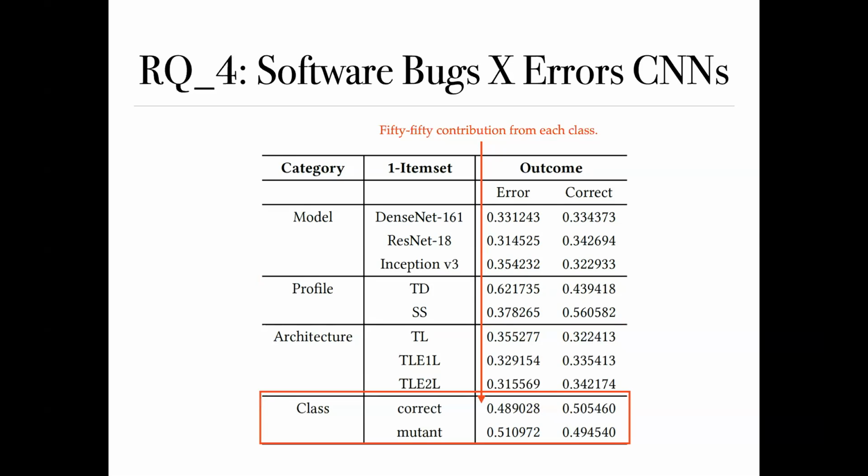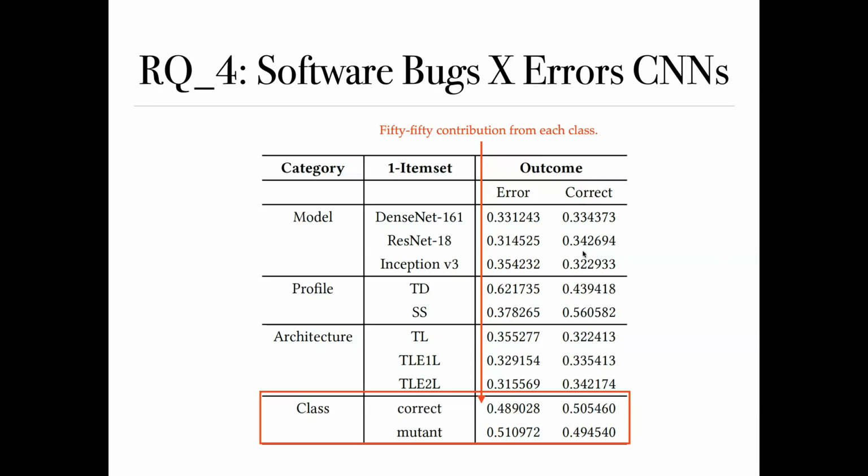Finally, to answer the last question, if the software bugs somehow influenced the CNN so that this can explain why they failed, we should see 2 situations in the class category. First, if the bugs influenced, we expected to see a much higher value in the mutant class here compared to the correct class.